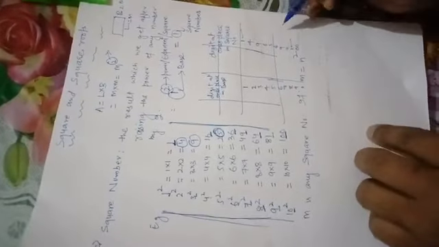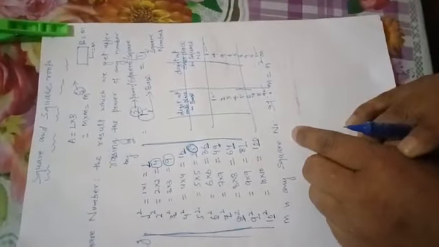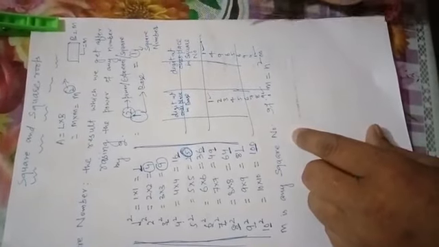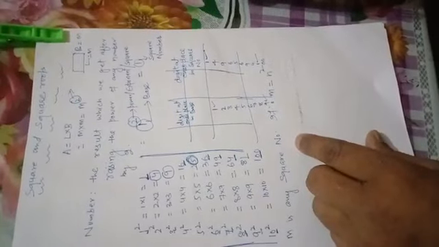Here we are saying that if the digit at one's place of the base is either 1 or 9, we get digit 1 at the one's place in the square number.